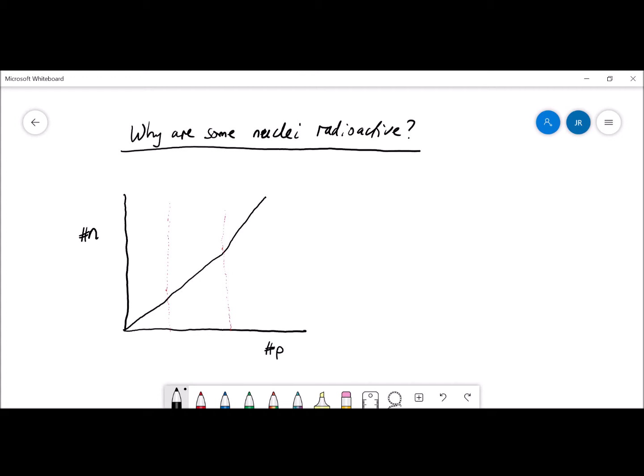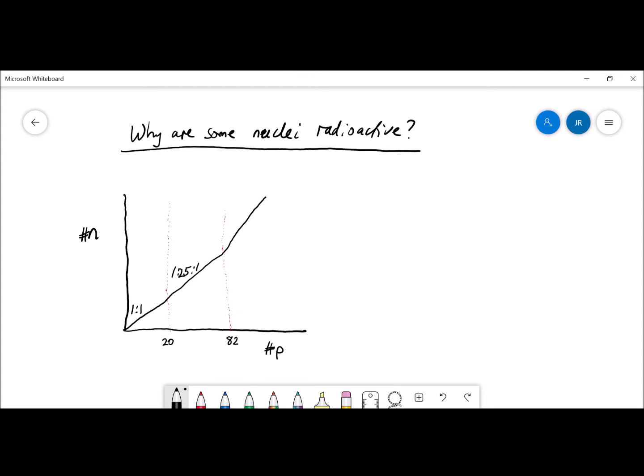The ratio here should be about 1 to 1 for this part here. Now this is up to approximately 20 protons. This ratio here should be 1.25 to 1, up to about 82.